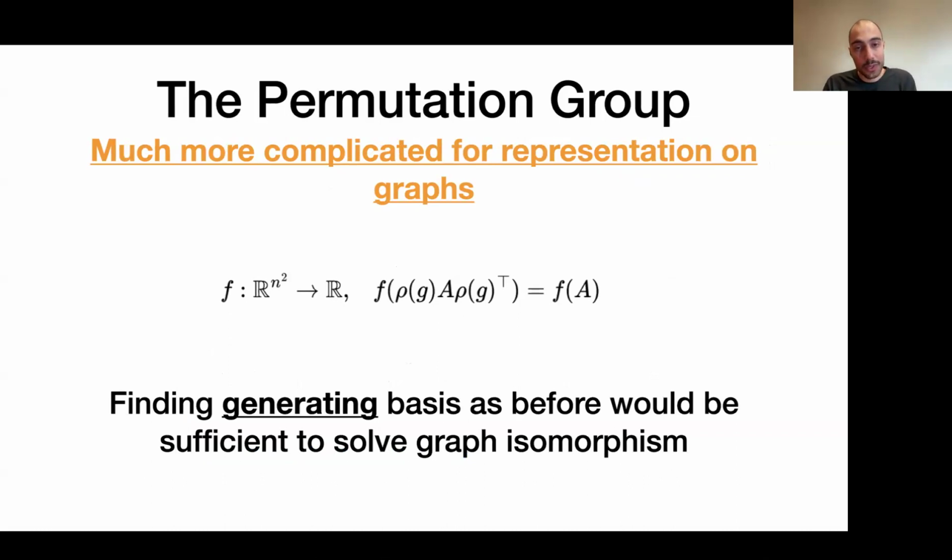In fact, if you were to have such a nice picture as before, where you could enumerate a basis of all these polynomials, you would solve graph isomorphism efficiently, which people don't believe we can do. And I think if you were to figure that out, that'd be a big result. Anyway, we don't expect to be able to have such a nice story when we have a different representation.